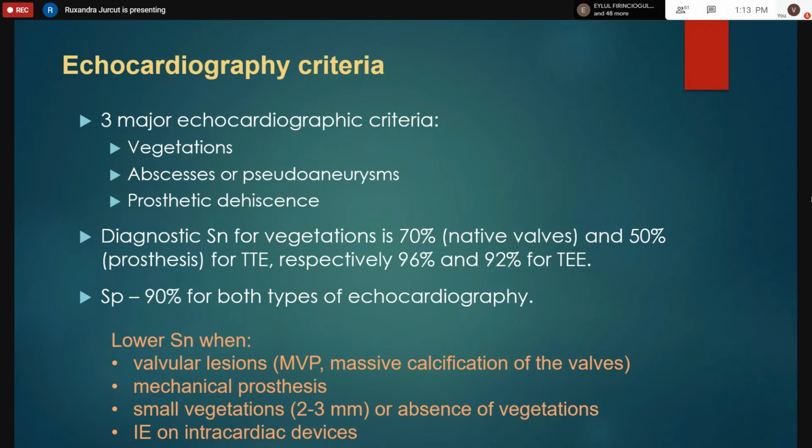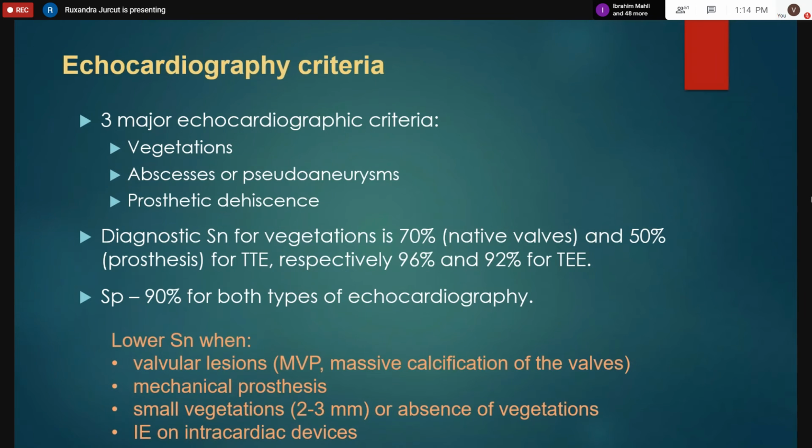But just to remember, the major echocardiographic criteria are the vegetations that I showed you, the abscess or some other form of abscess, which is called pseudoaneurysm, and if a mechanical prosthesis is present, the dehiscence of this prosthesis, which you might see more in the valvular prosthesis lecture.